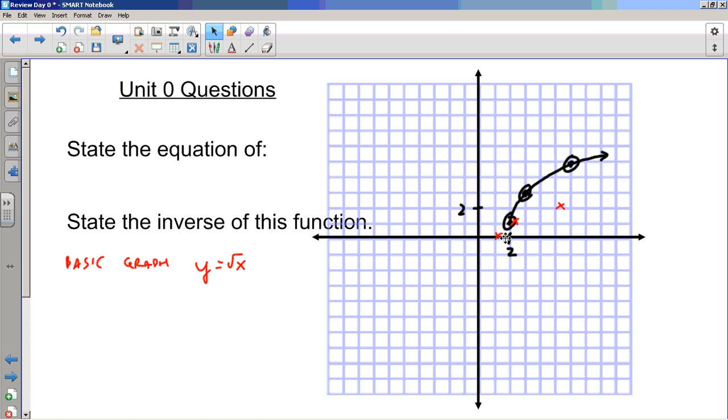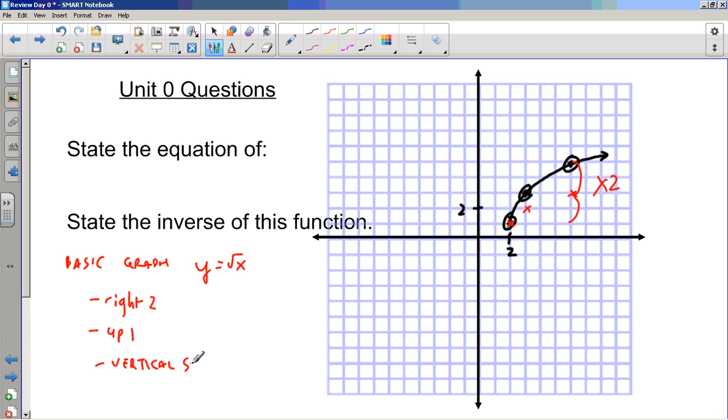And if I move that, and I can see that I've moved it. I've moved it where? I've moved it right 2 and up 1. But that's not exactly right, because where this first one is, it's up 2. And then where this one is, well, there's 2, 4. This has been doubled, right? So this has actually had a vertical stretch by factor 2.